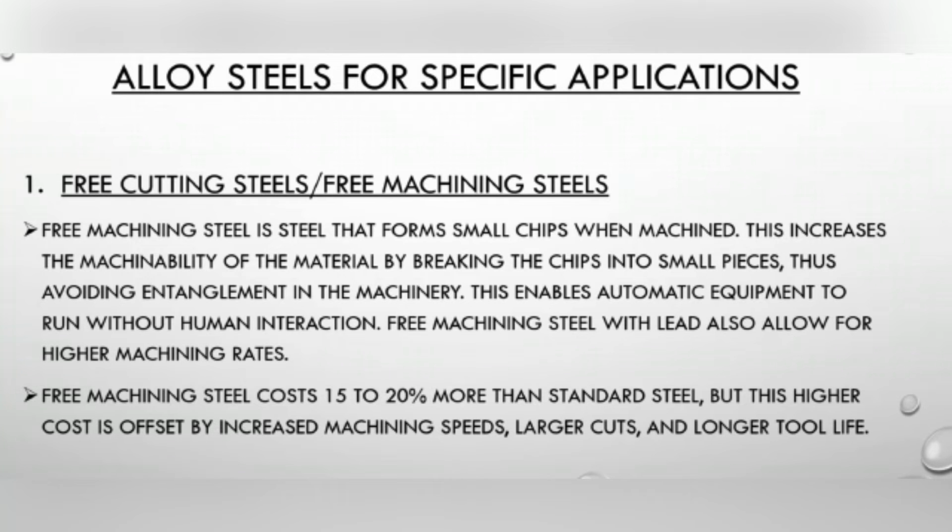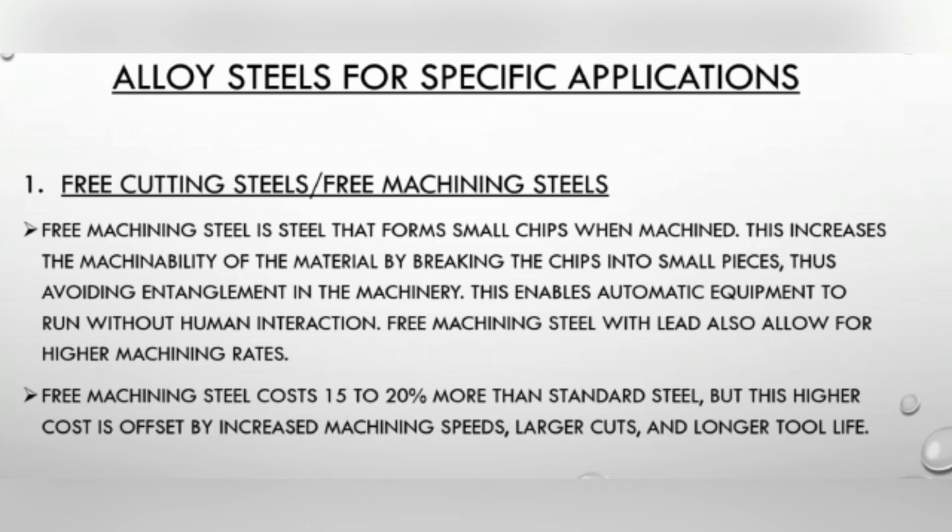This increases the machinability of the material by breaking the chips into small pieces, and thus avoids entanglement in the machinery. This enables automatic equipment to run without human interaction, and free machining steel with lead also allows for higher machining rates.